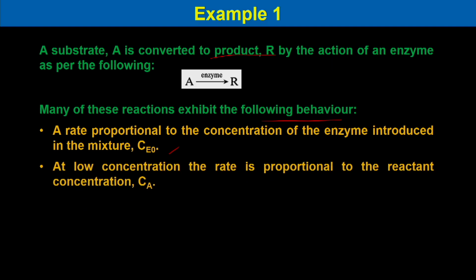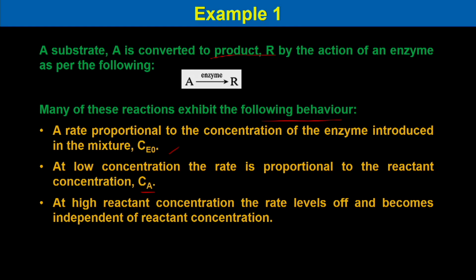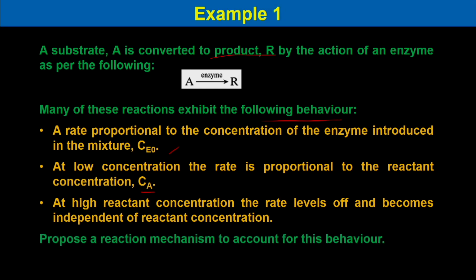At low concentration, the rate is proportional to the reactant concentration Ca, and at high concentration the rate levels off and becomes independent of the reactant concentration. These are the typical behavior observed in most enzymatic reactions. So, now we need to propose a reaction mechanism to account for this behavior.